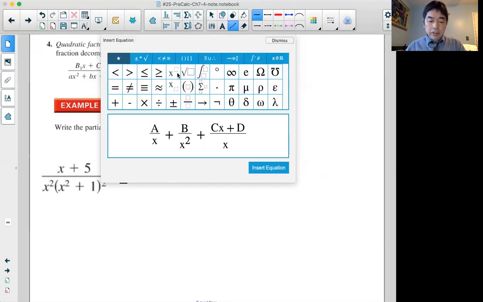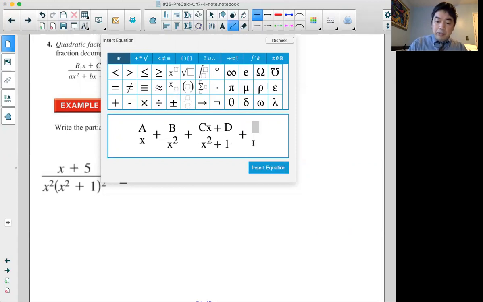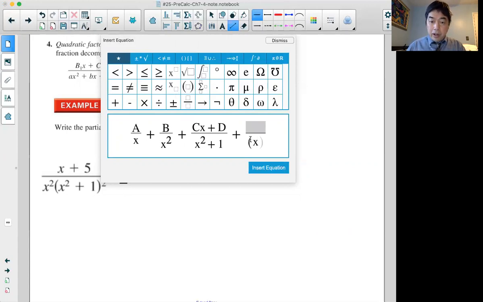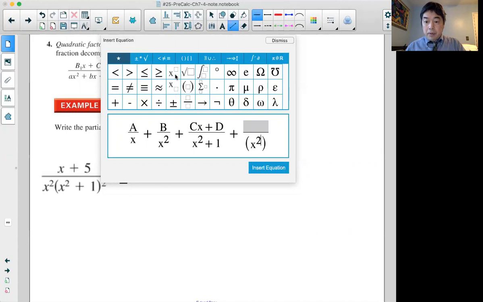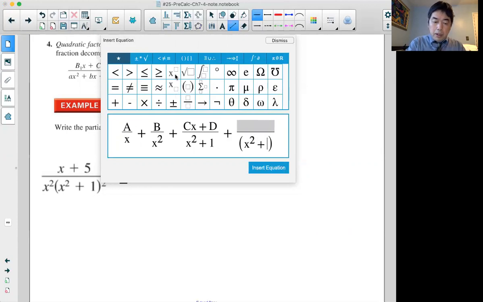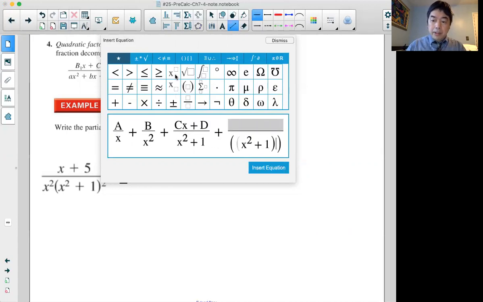You still have to carry on this exponent, 1. All right, so now next thing is you have to write down the exponents as it's written in the denominator. So I write down from the denominator here. So this is x squared plus 1, and closing the parenthesis, and to the second power.